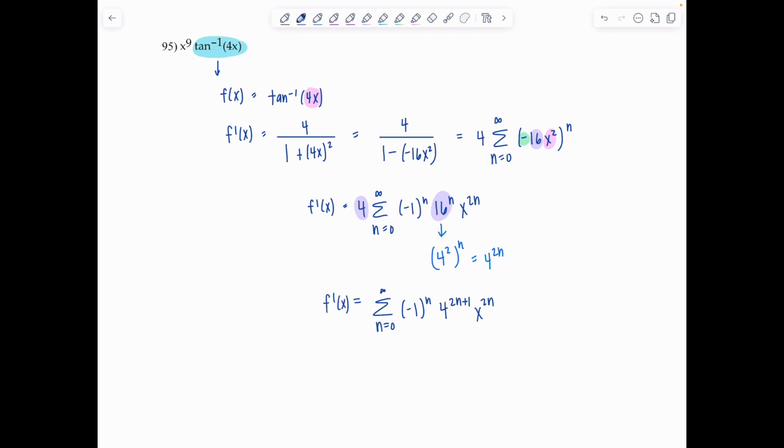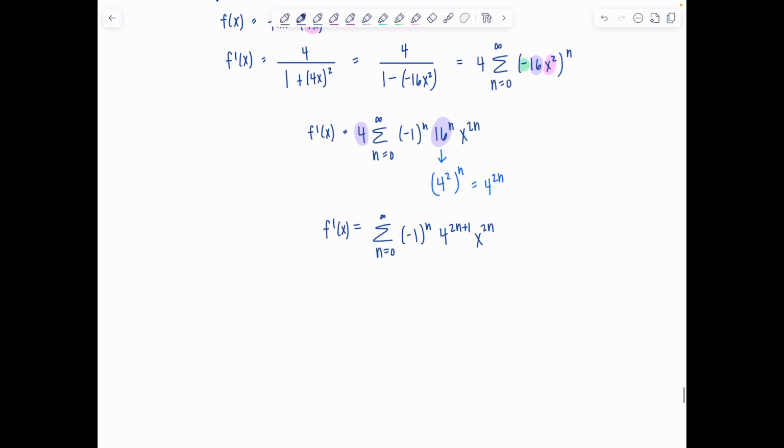Okay, same drill. I want a power series for f of x, so I'm going to anti-differentiate. So f of x is going to be the integral of the sum, n equals 0 to infinity, negative 1 to the n, 4 to the 2n plus 1, x to the 2n dx. And then you ignore everybody except for x to the 2n.